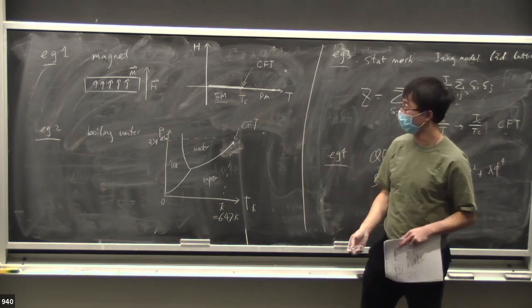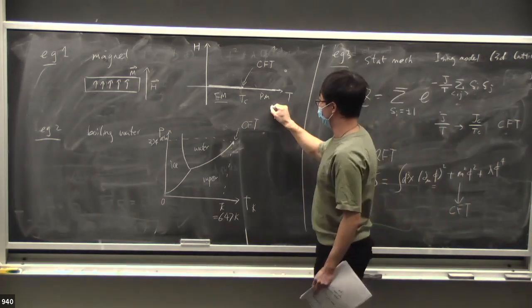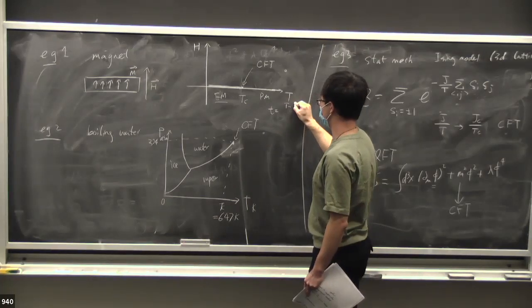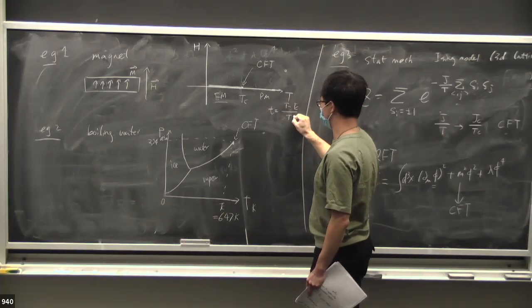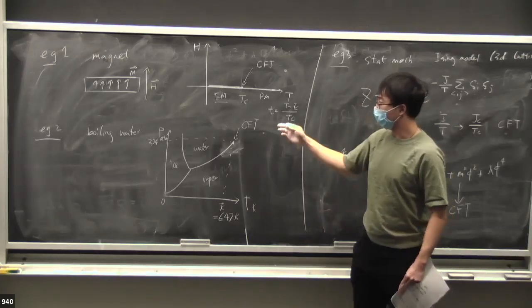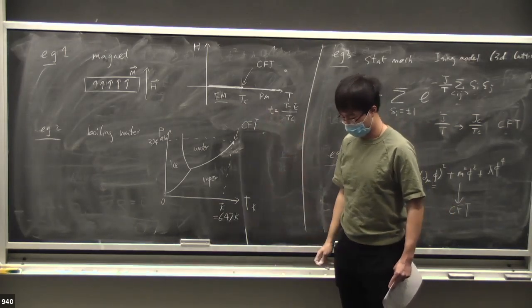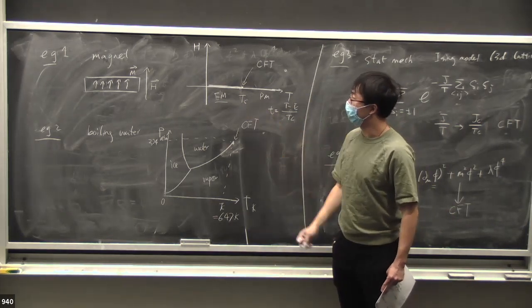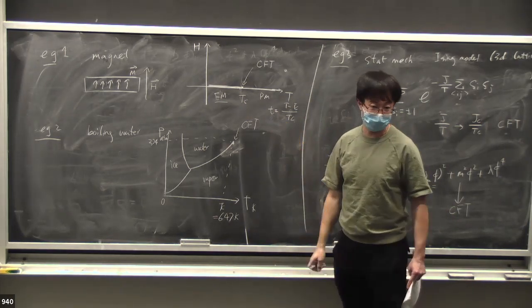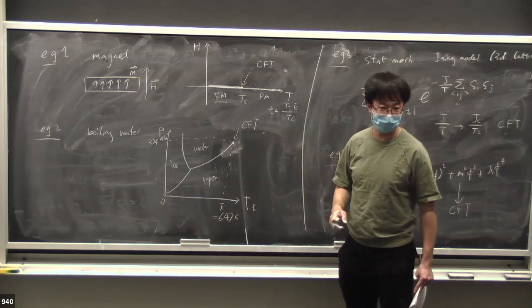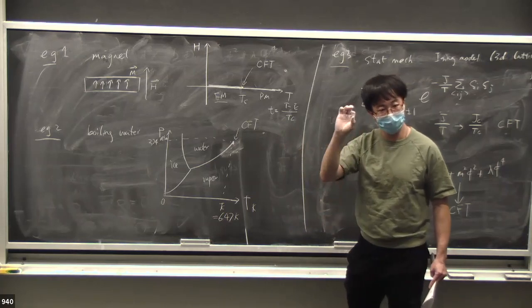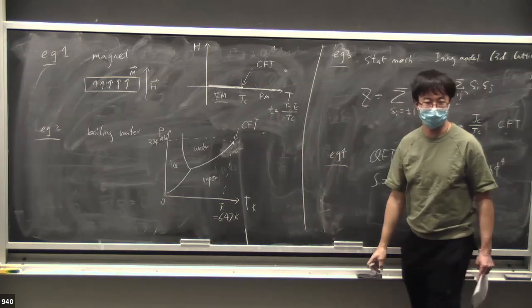For example, if you consider the dimensionless temperature, the critical exponent of the CFT is understood by seeing how, in this case, the magnetization scales with this dimensionless temperature. There's some non-trivial scaling behavior. The exponent keeps track of the critical exponent.